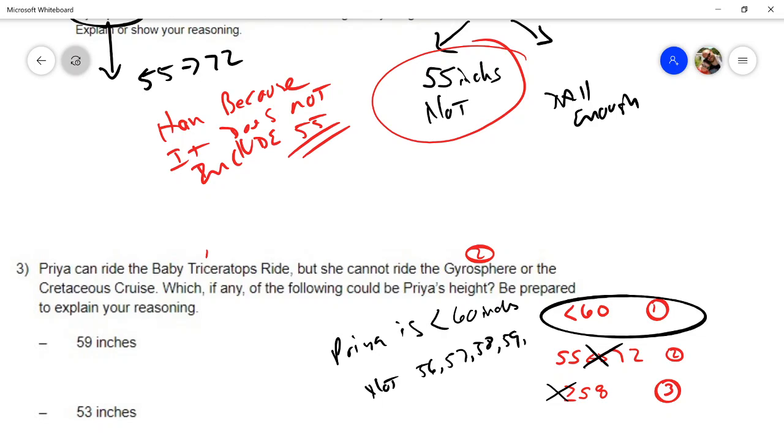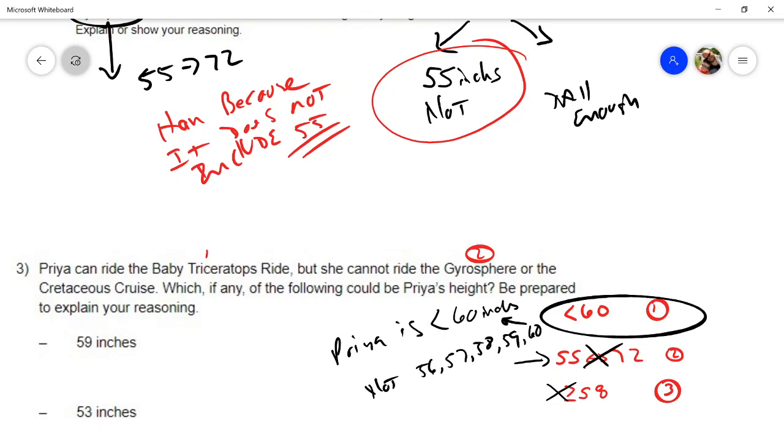She's not 60 because Priya is less than 60. She can't be 59, 58, 57, or 56 because of the gyrosphere.